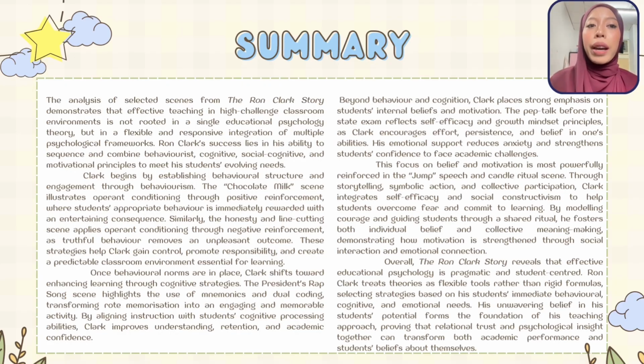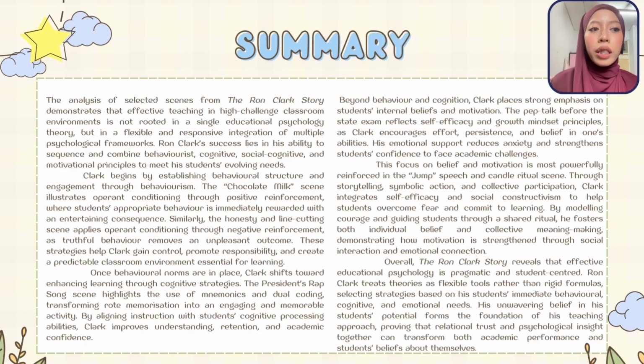Clark begins by establishing behavioral structure and engagement through behaviorism. The chocolate milk scenes illustrate operant conditioning through positive reinforcement, where students' appropriate behavior is immediately rewarded with an entertaining consequence.